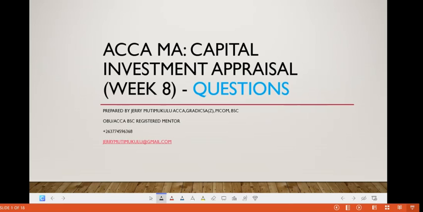Remember, in this particular week, we were looking at 3 investment appraisal techniques, that is the payback period, the net present value, and the internal rate of return.